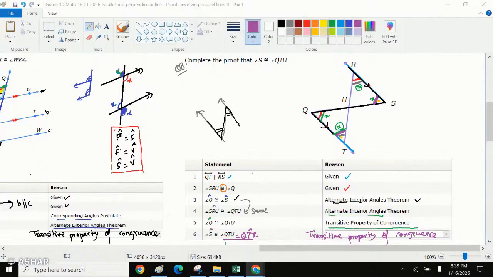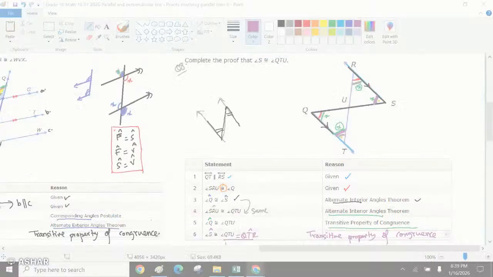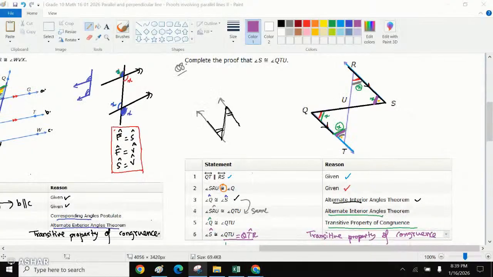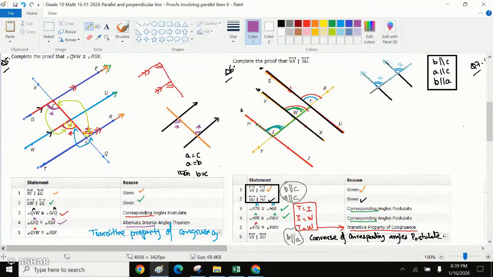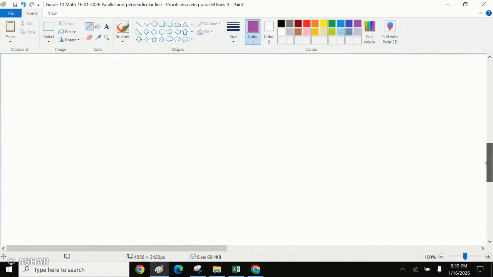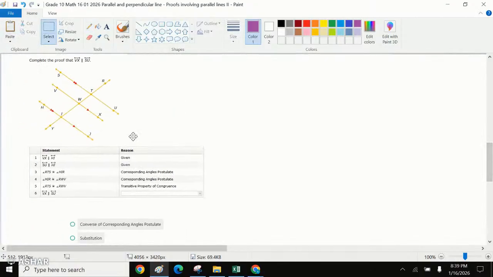So the first question that we have is to complete the proof that is given to us. In this case, we will just look at what they're asking us, only the last condition.